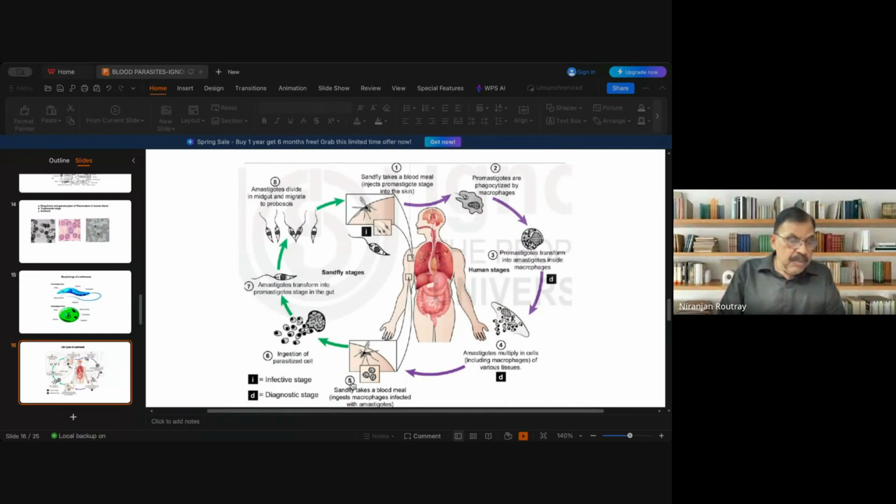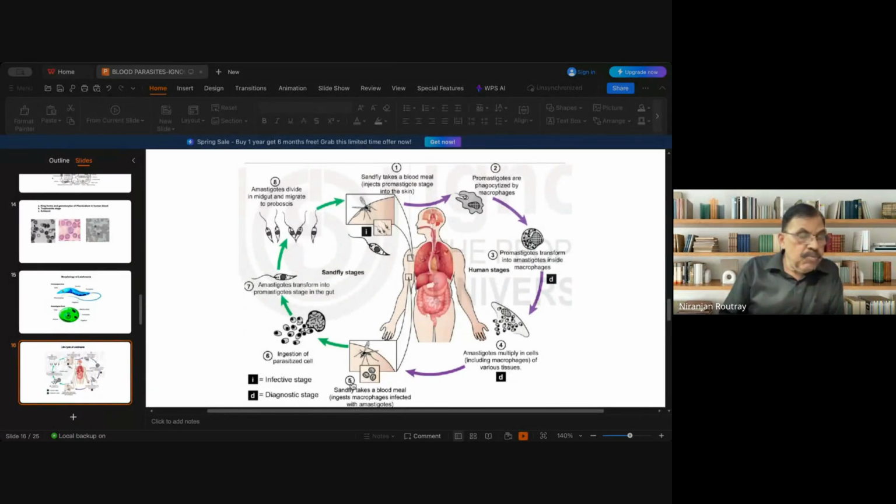amastigotes. The amastigotes, after entering the sandfly gut, get transformed into the promastigote form, where after forming the kinetoplast and the flagella, they again increase in number.